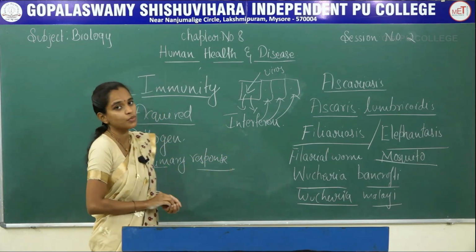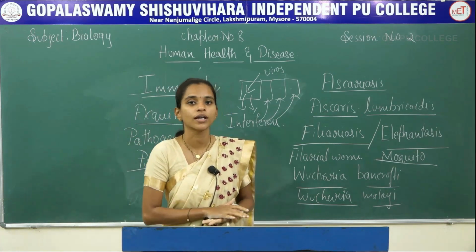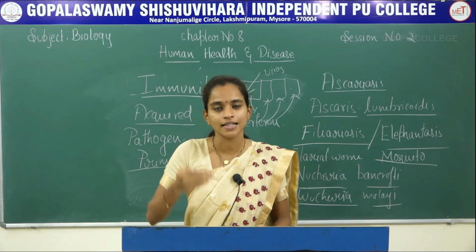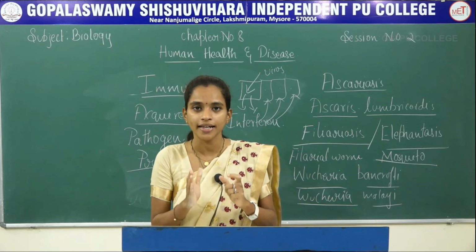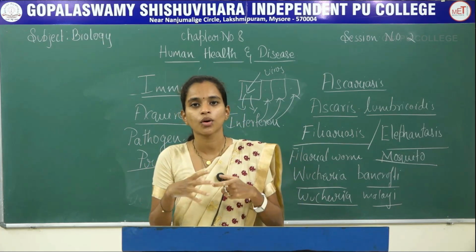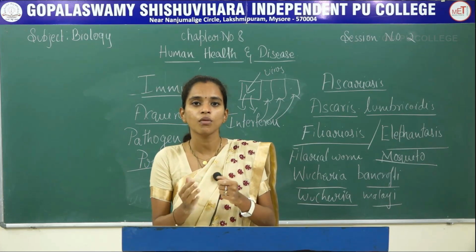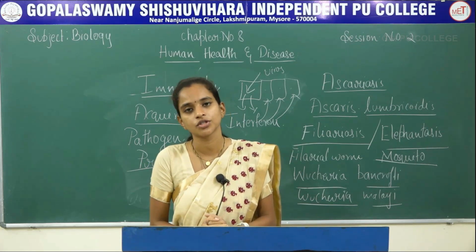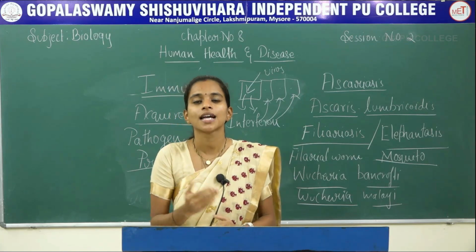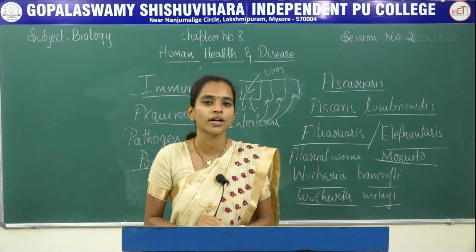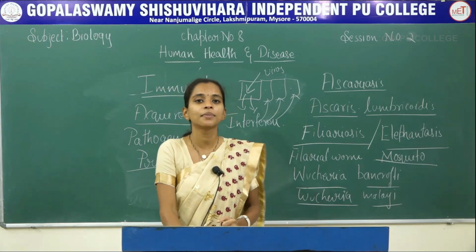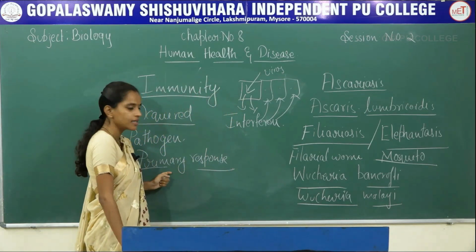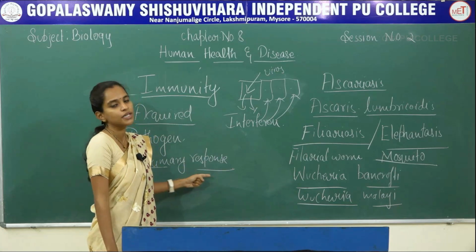Primary response will be a little bit weak, because as the pathogen is entering for the first time, first our immune cells should identify the type or form of the effect of this particular pathogen on our body, and then start to identify and destroy it. So it takes a little bit of time, and that form is termed primary response. This will be a little bit weak.